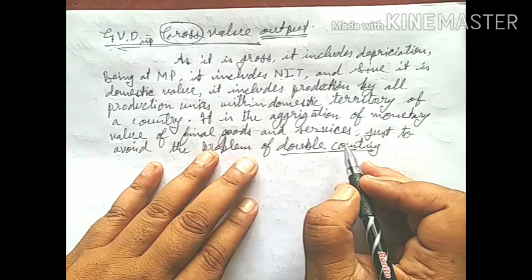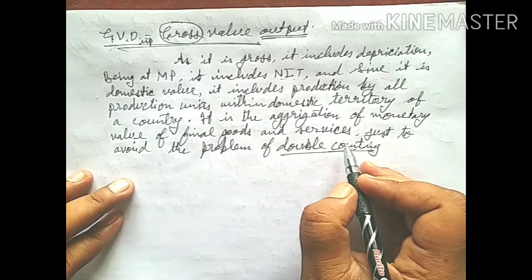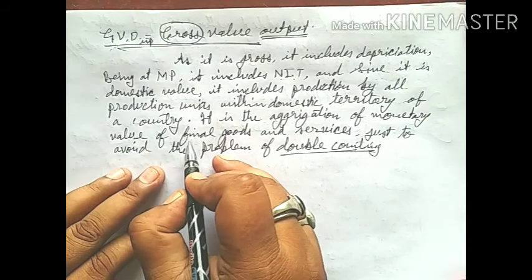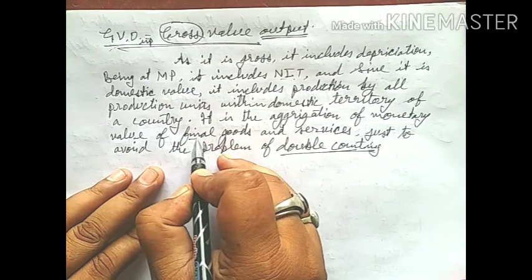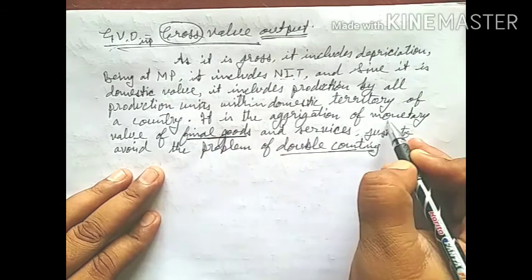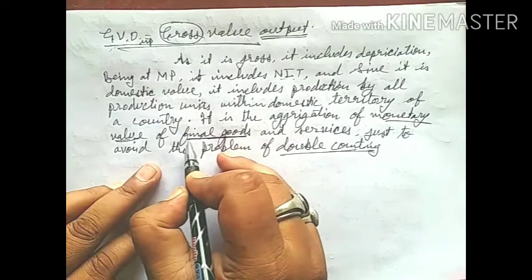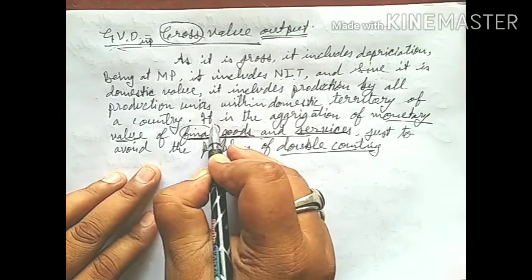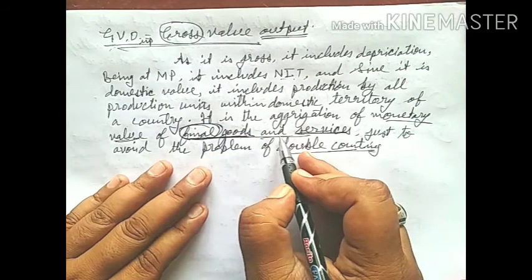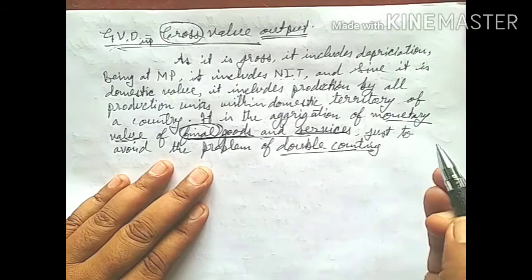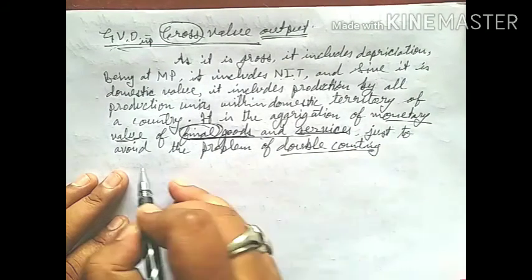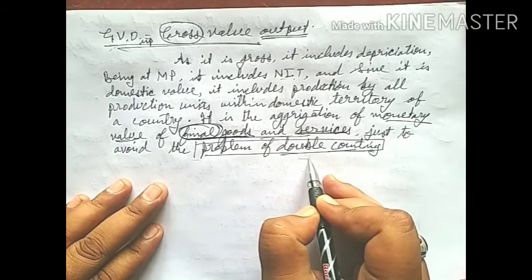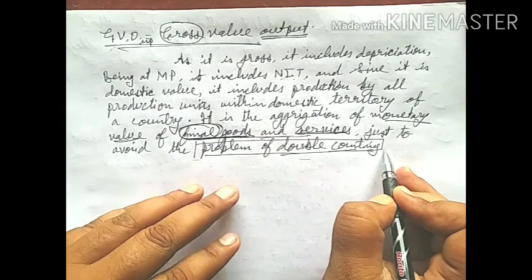Students, we have to add the monetary value of only final goods and services, means the term final is important here. Final goods and services, why? Just to avoid the problem of double counting.